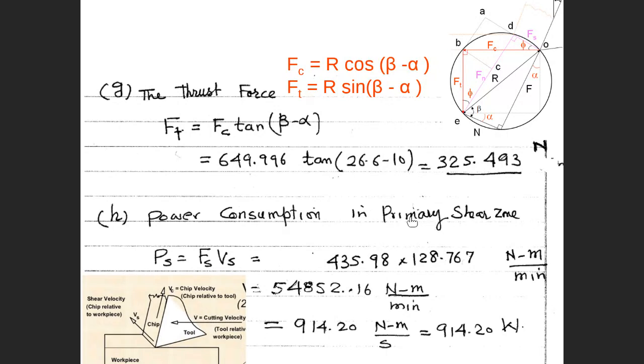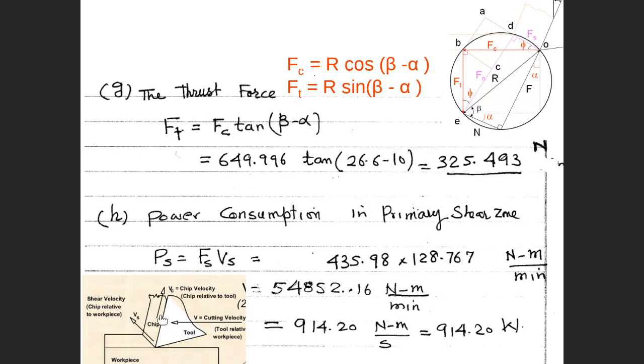This is the power consumption in the primary shear zone. Power equals Fs Vs, because this is the primary shear zone. Fs we know and Vs we know, then you can obtain the power here.